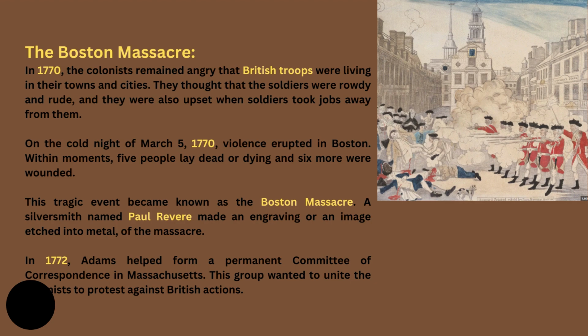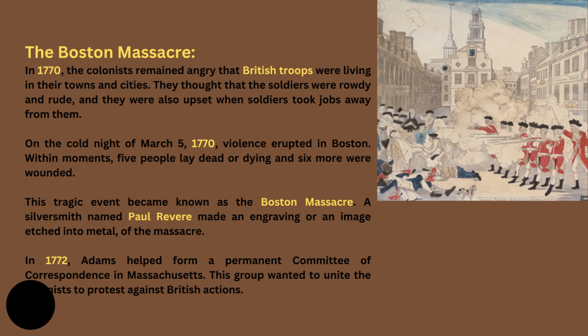The Boston Massacre. In 1770, the colonists remained angry that British troops were living in their towns and cities. They thought that the soldiers were rowdy and rude, and they were also upset when soldiers took jobs away from them. On the cold night of March 5, 1770, violence erupted in Boston.